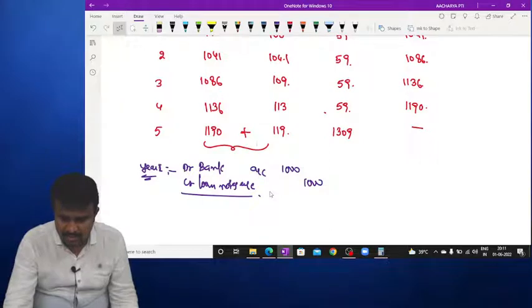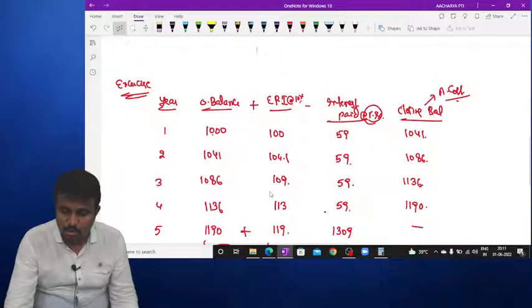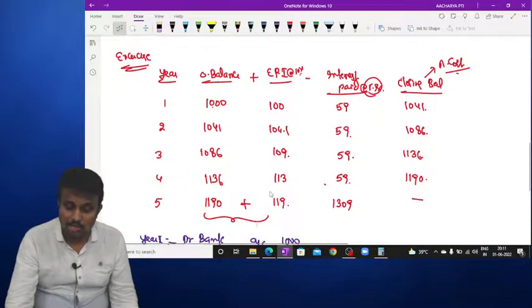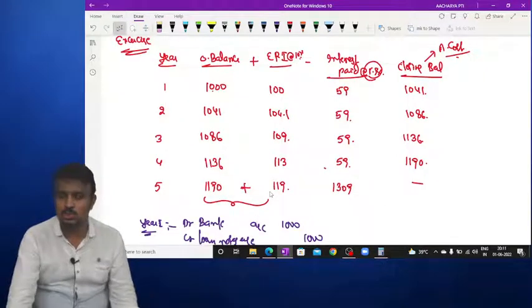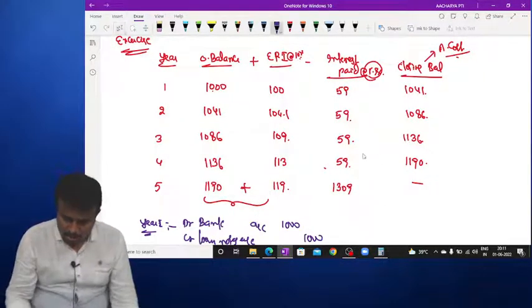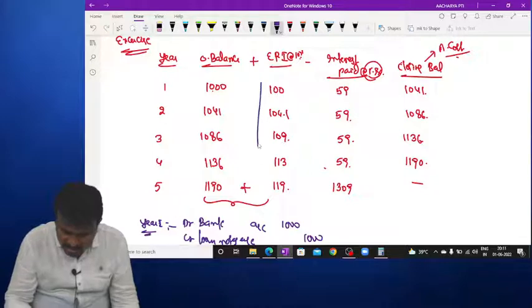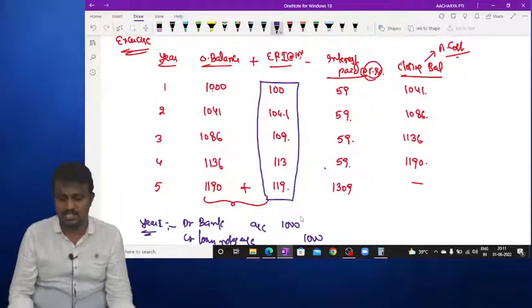The second point is how to show the charge relating to the loan notes at the end of every year. At the end of every year, this is the amount we have to recognize in the profit and loss account as an interest expense.